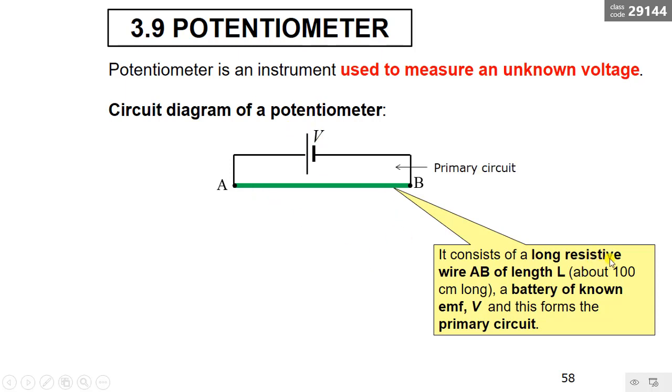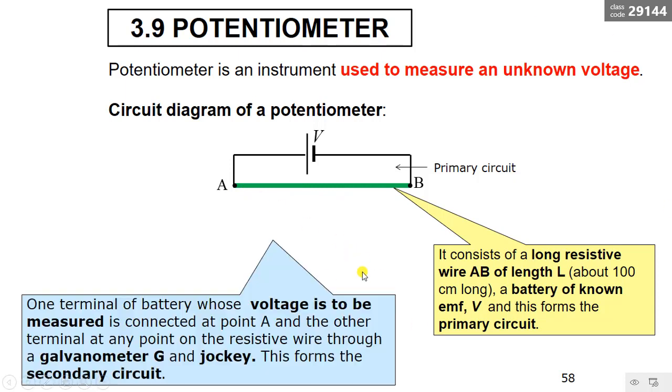So resistive here means the wire has resistance. Okay, this wire has resistance.